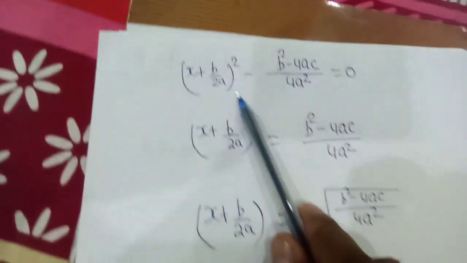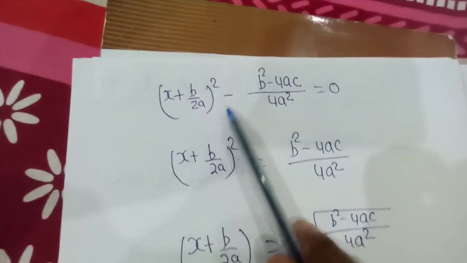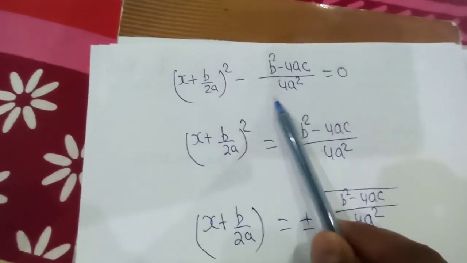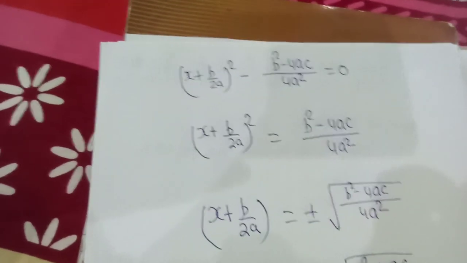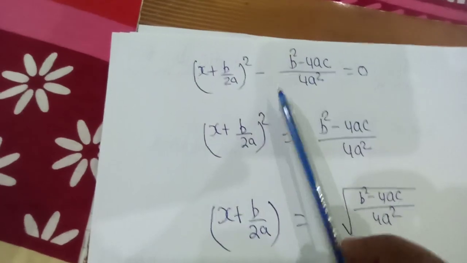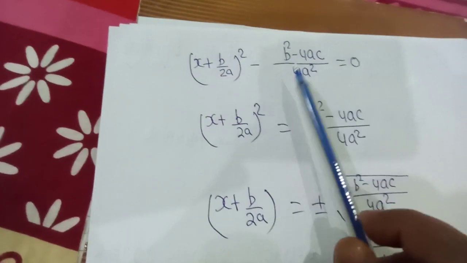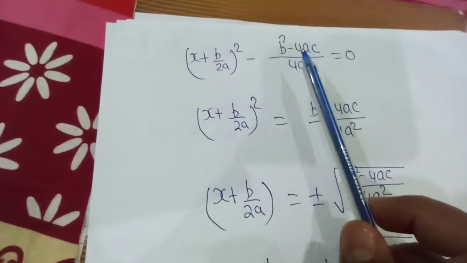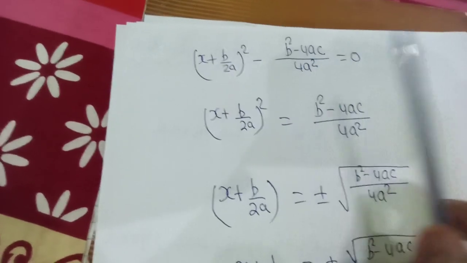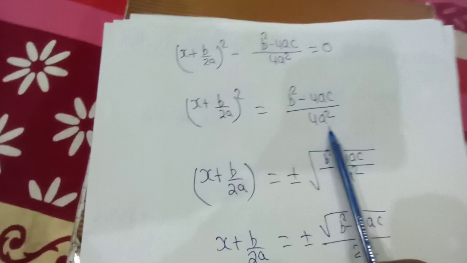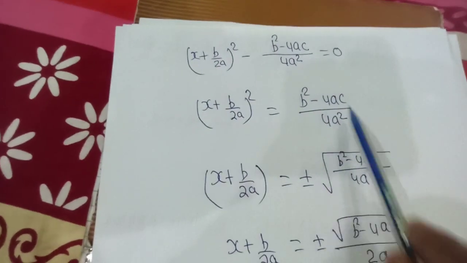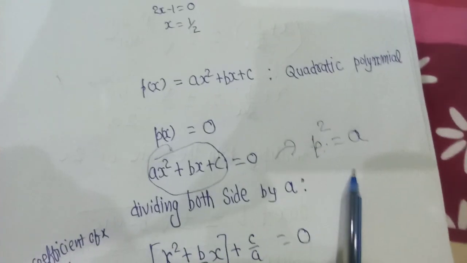This x plus b by 2a to the whole square minus b square minus 4ac upon 4a square equals to 0. Now we do transposition here, and by transposition, if this term comes to the right hand side, it will come like this.